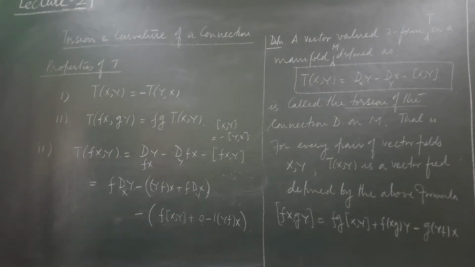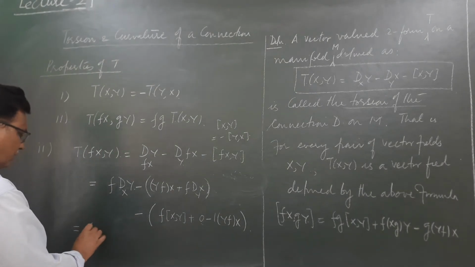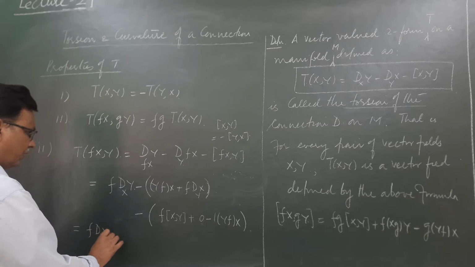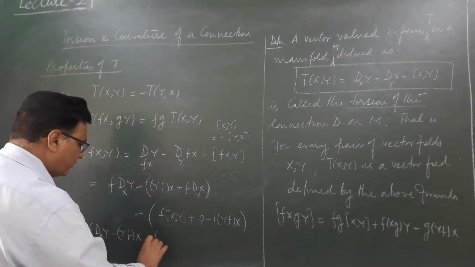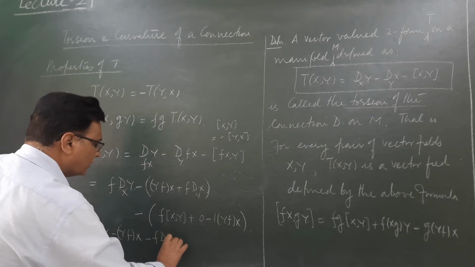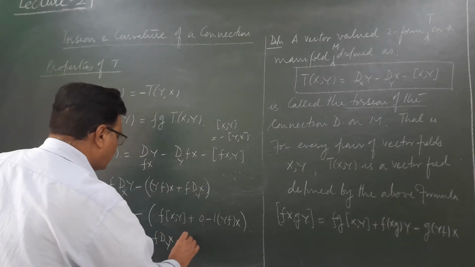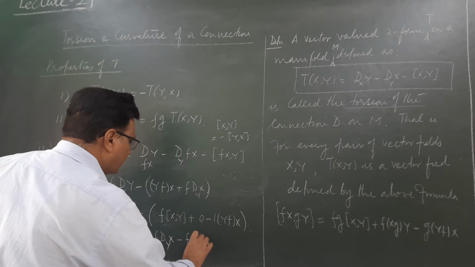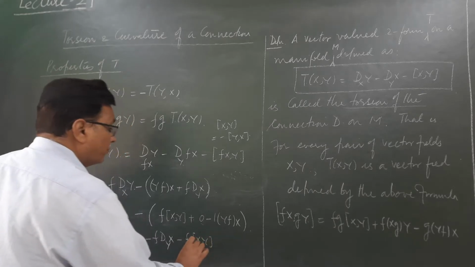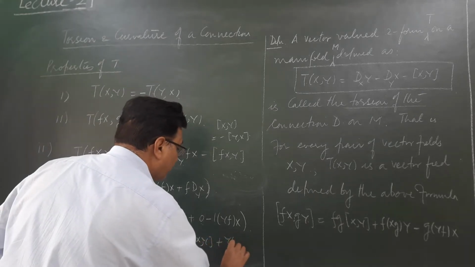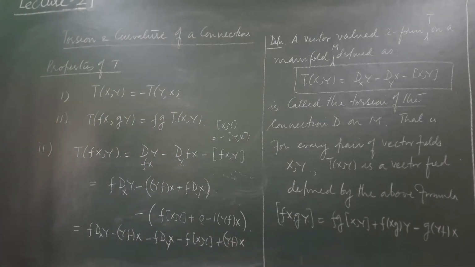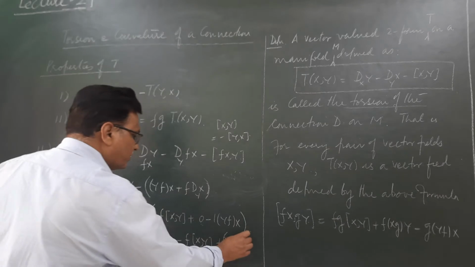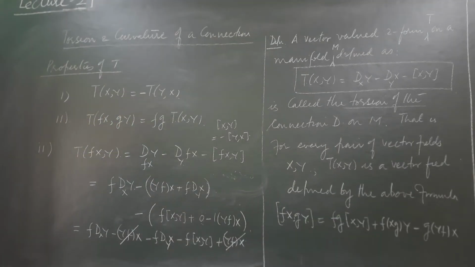Okay. Now, rearrange these terms. This is f times ∇_X Y minus (Yf)X minus f times ∇_Y X, then you have minus f times Lie bracket [X, Y] and then plus (Yf)X. (Yf)X and (Yf)X will cancel each other here.